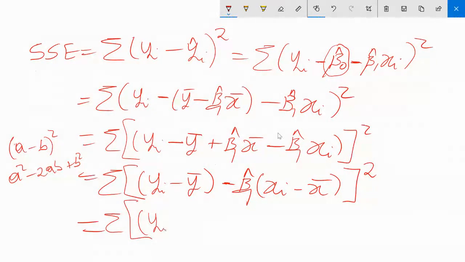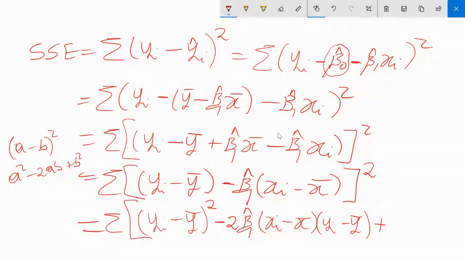So we're going to have yi minus y bar squared, minus 2 beta 1 hat times xi minus x bar multiplied by yi minus y bar, plus beta 1 hat squared multiplied by xi minus x bar squared. Are you all following?